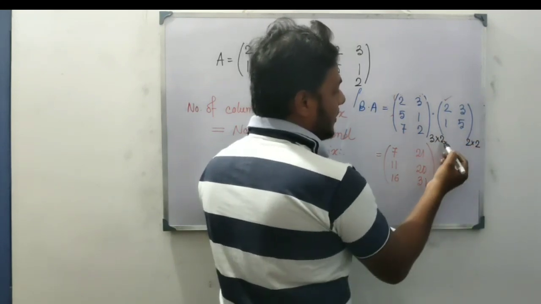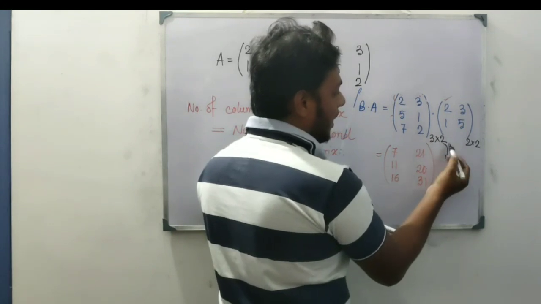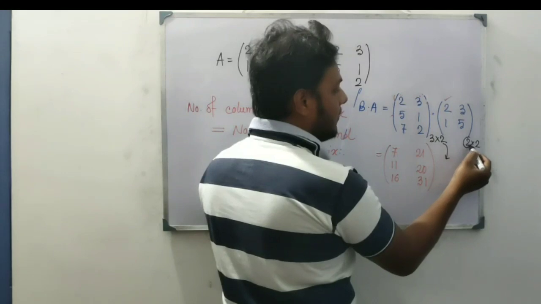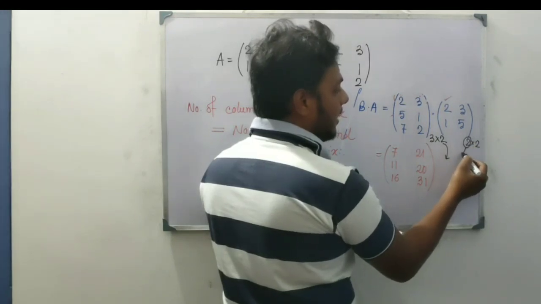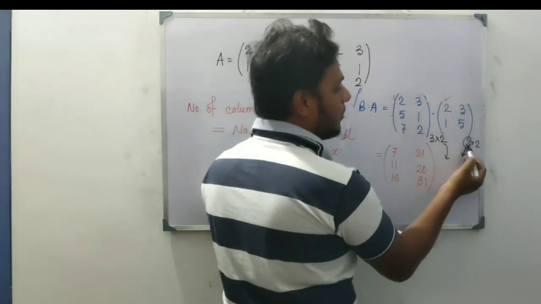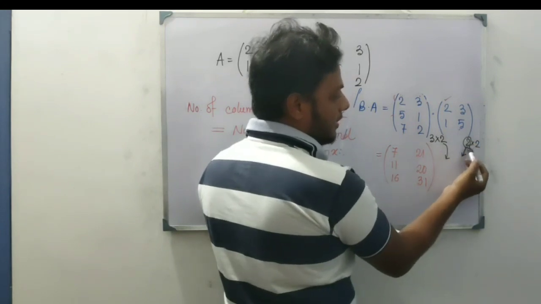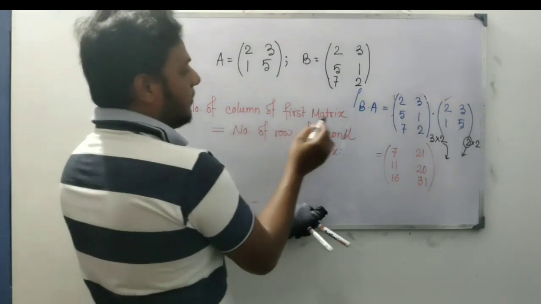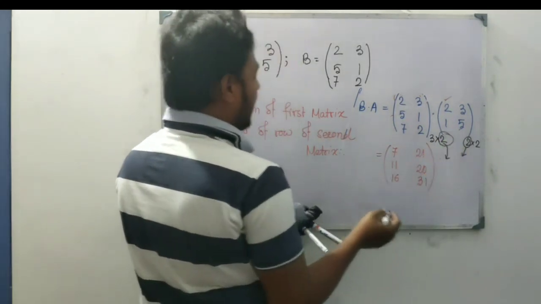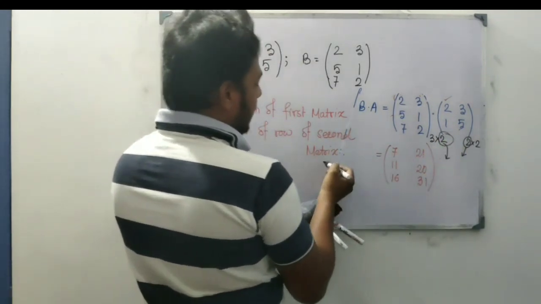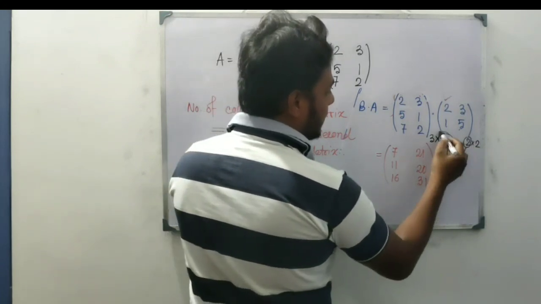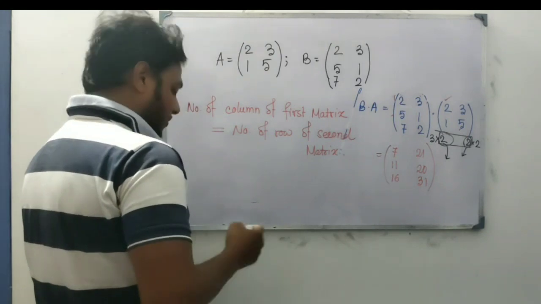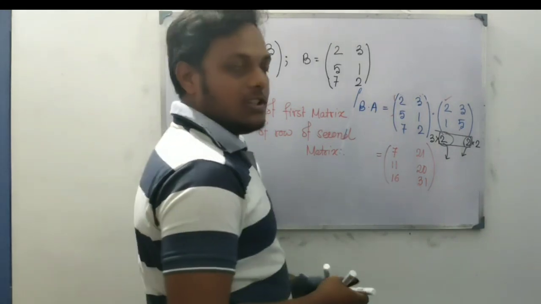So this gives us the number of columns of the first matrix, and these two give us the number of rows of the second matrix. Since the first one is rows, if these two numbers are equal, see, the number of columns of the first matrix is equal to the number of rows of the second matrix, that means these two numbers should be equal.